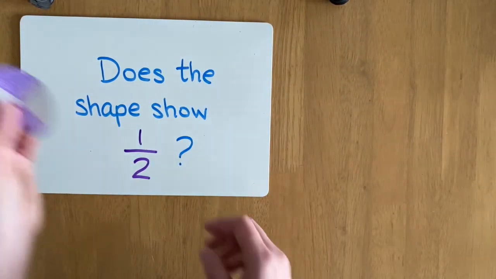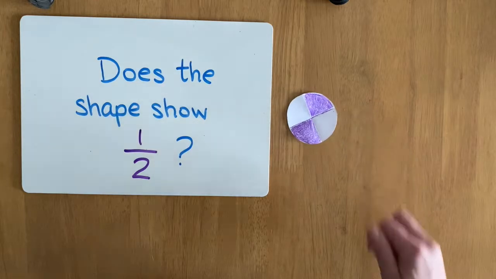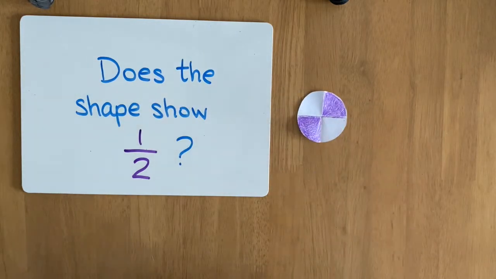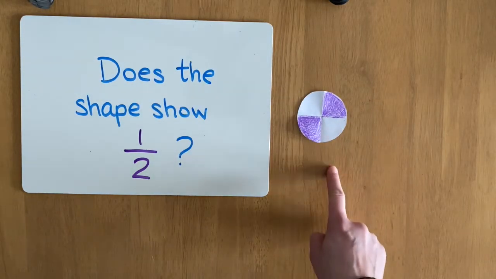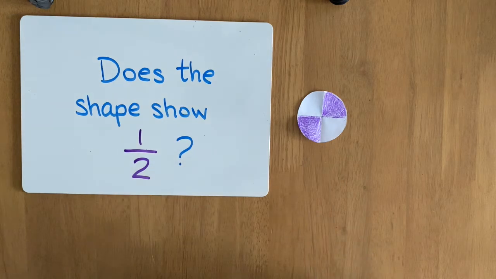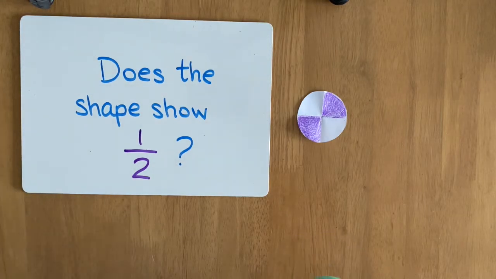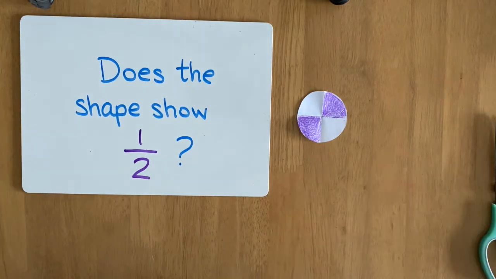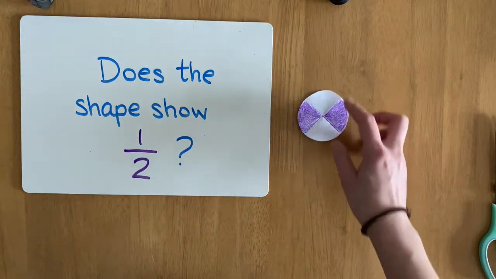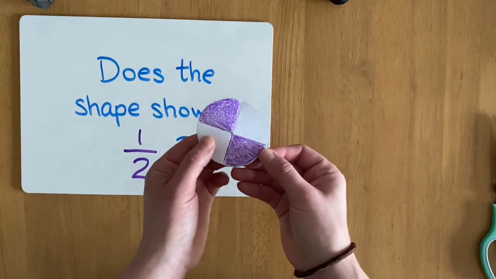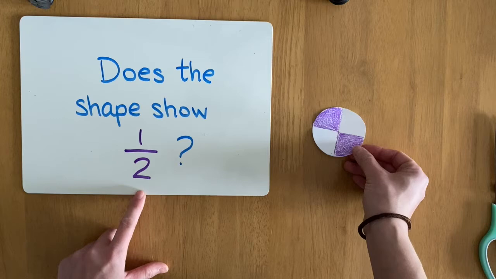Let's try this one. How about this one? Bit of a challenge. Have a think. Does this one show 1/2? Okay, what do you guys think? Let's think about what 1/2 means.